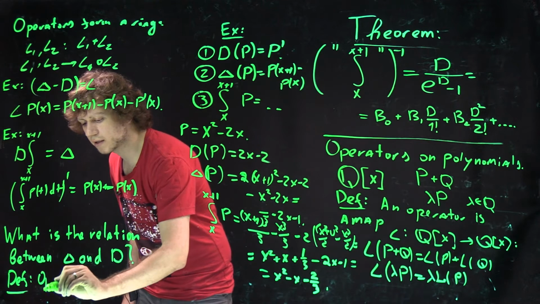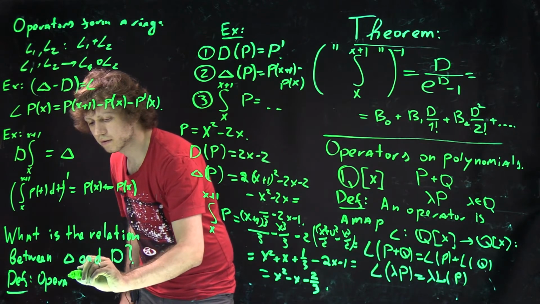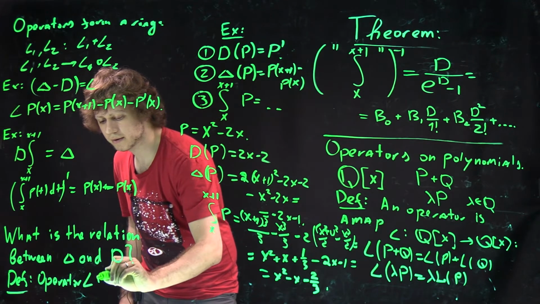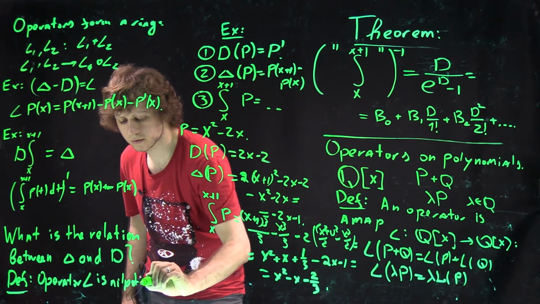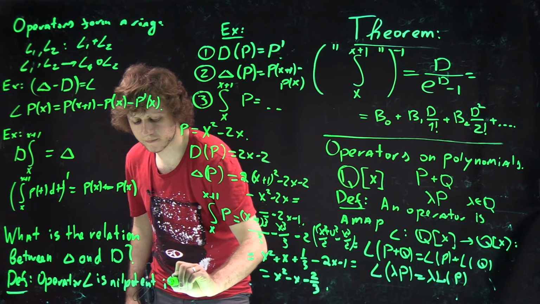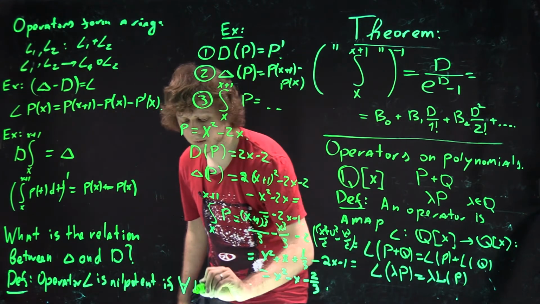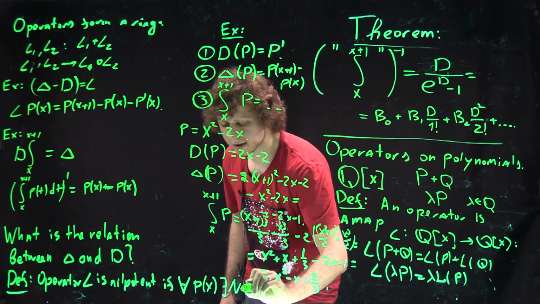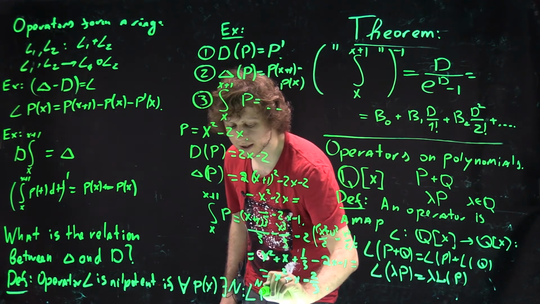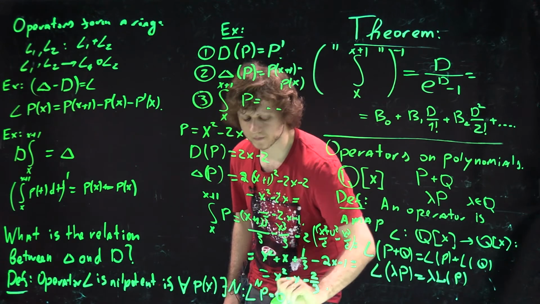An operator L is nilpotent if for every polynomial p of x there exists a big degree n such that L to the power n applied to p vanishes.